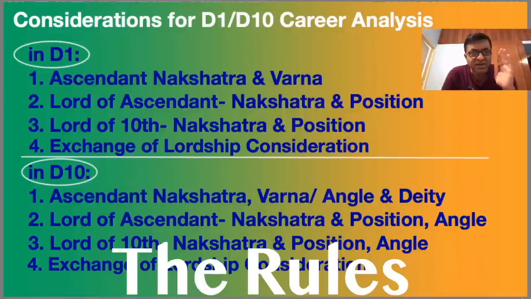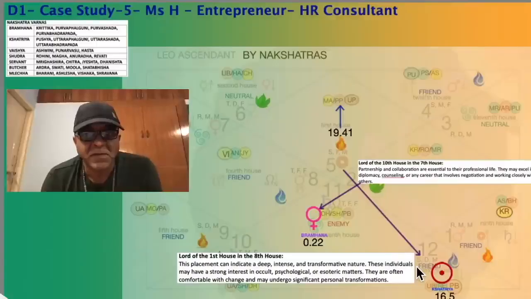Okay. These are the general rules we are considering. I'm not considering any other planets, any other points, just ascendant, ascendant lord in the D1 and in the D10 chart, and the 10th house lord nakshatra position in the D1, and in the D10 plus the angle and the deity. Clear? Right, let's get into it.